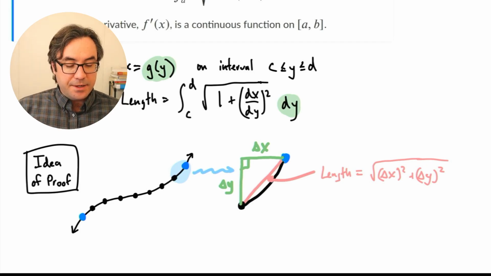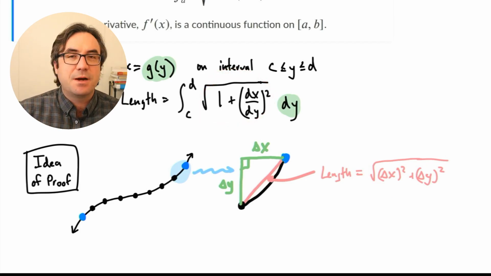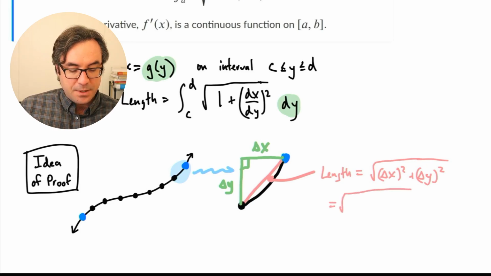Now, you can kind of see where this square root's coming from. It's really coming from the Pythagorean theorem. Well, let's factor out a little bit here.